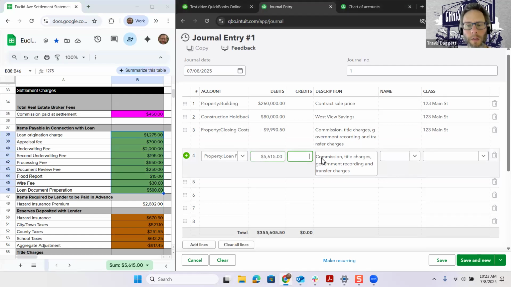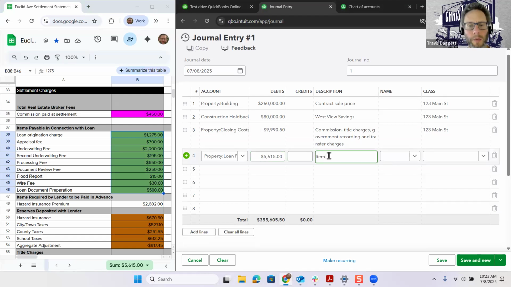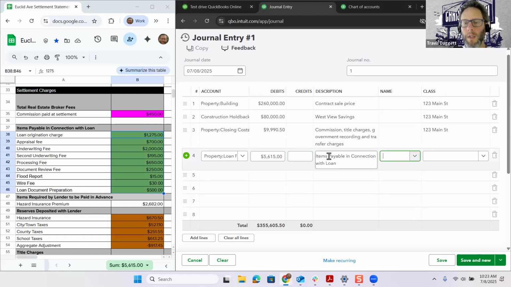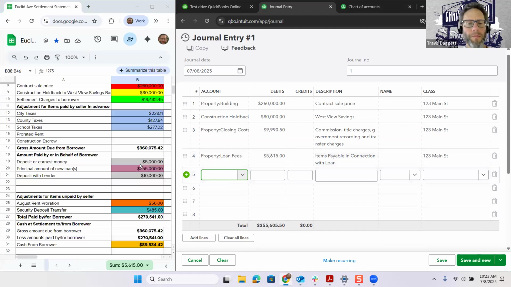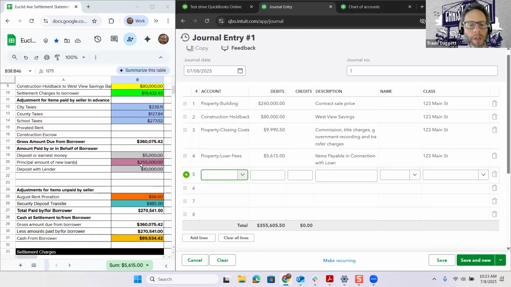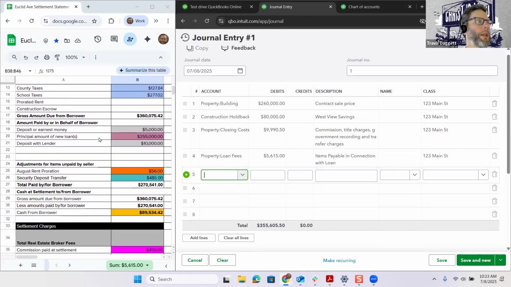Okay, so this is items payable in connection with loan. Again, it's only for one property. Directly associated with that, we enter the class. Okay, and then we're still getting to this 19432, the escrow amount.